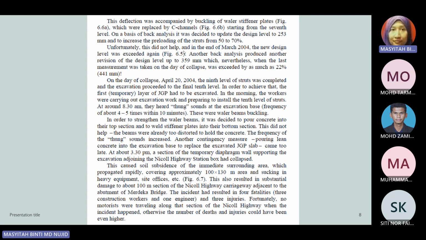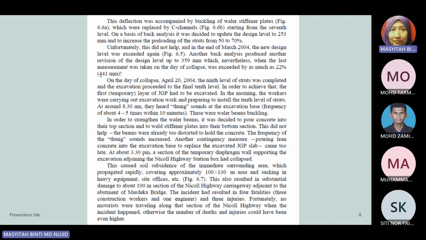Unfortunately, this did not help, and at the end of March the new design level was exceeded again. Another back analysis produced another revision of the design level, up to 359 millimeter, which nevertheless, when the last measurement was taken on the day of collapse, was exceeded by as much as 22%.